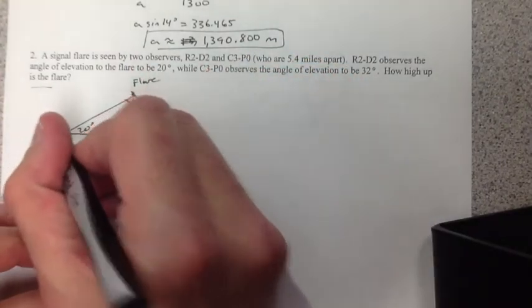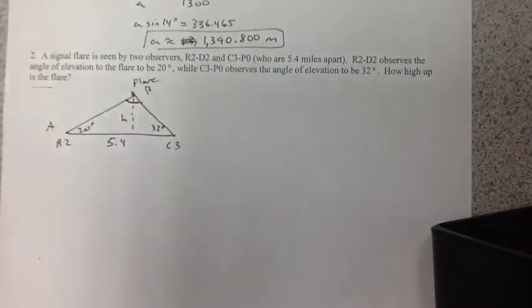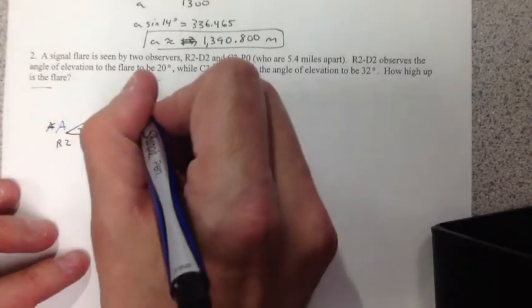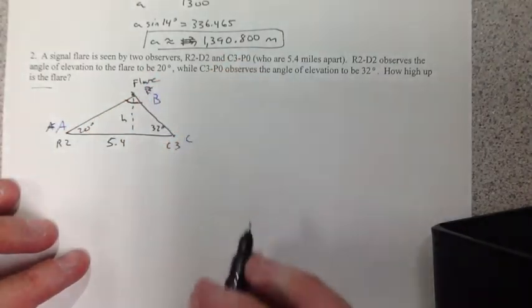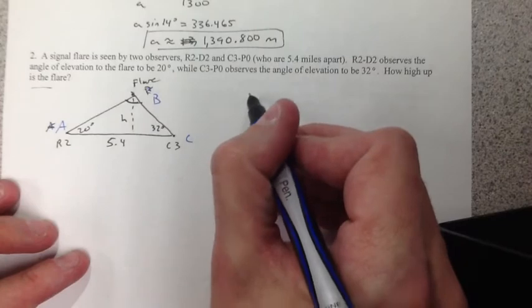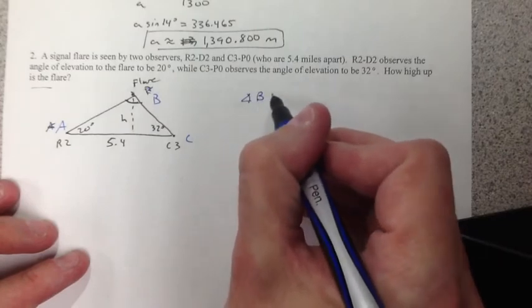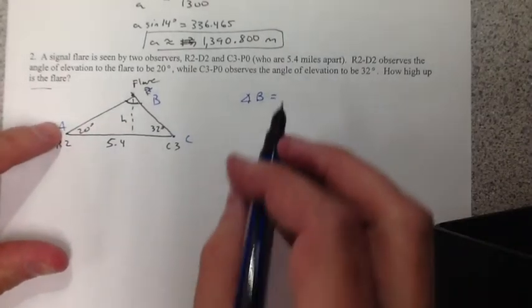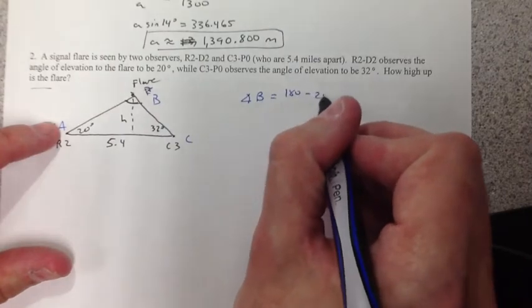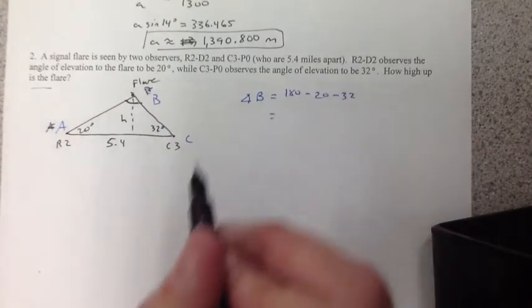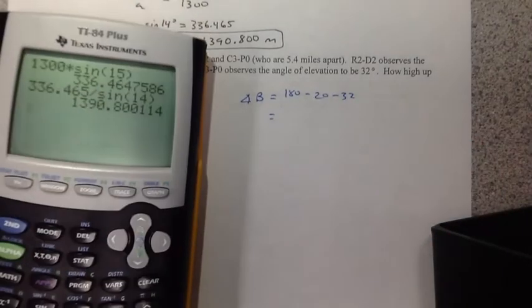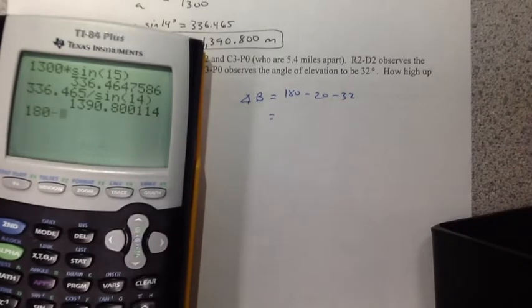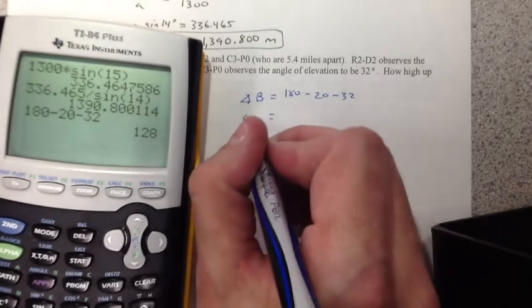So if I call this A, let me use blue here, A, B, C. If I want to find angle B, that's going to be 180 minus 20 minus 32. And if we just type that in our calculator, 180 minus 20 minus 32, we get 128 degrees.